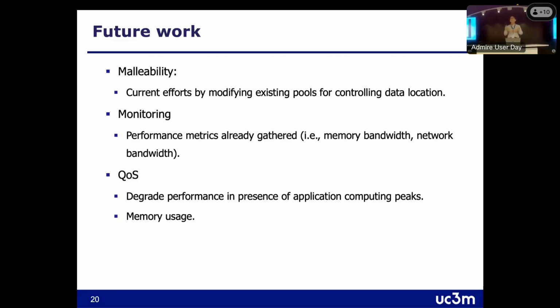It's not very usual to mix several applications in the same node, but even so, if the application has peaks, we may have problems, because remember, we are applying asynchronous things very aggressively. So it may happen that the application has a computing peak and we are at the same time trying to do a synchronous operation over the network. So we are watching if the quality of service is being degraded.